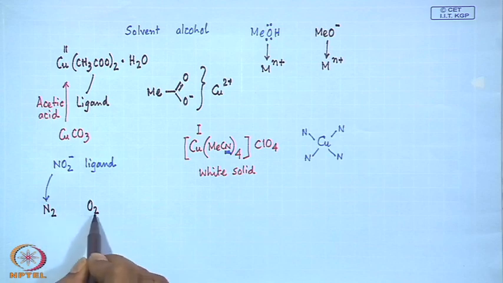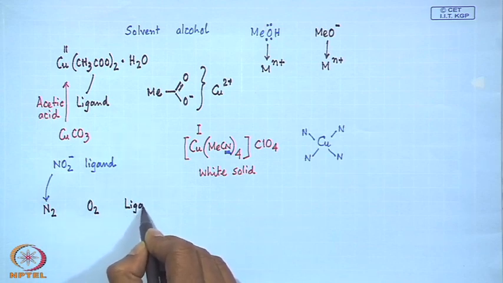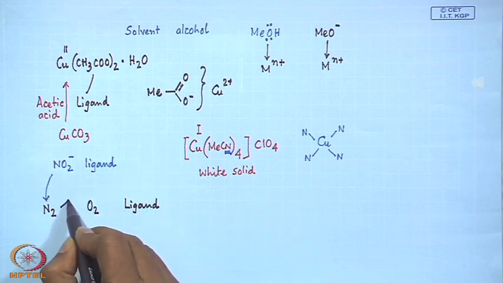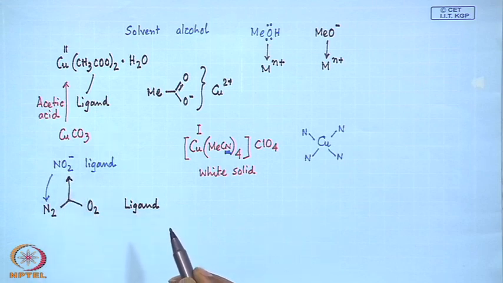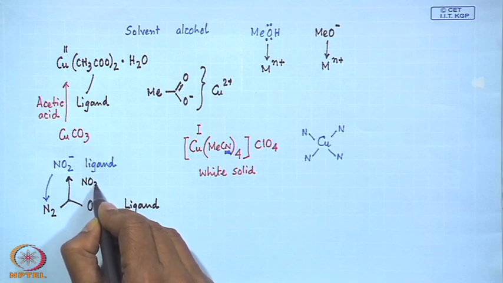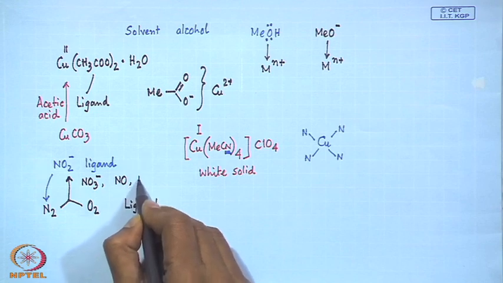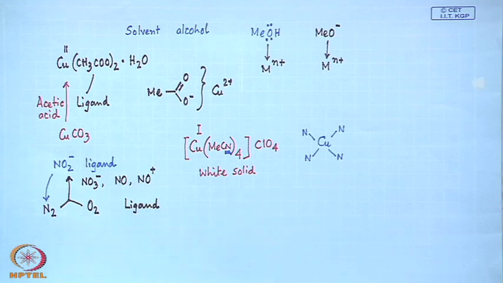These two molecules can function as very good ligands, and the reaction products of these two, that means NO2 minus, NO3 minus, NO or NO plus, all these can function as very good ligands.